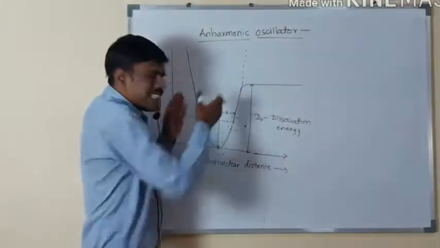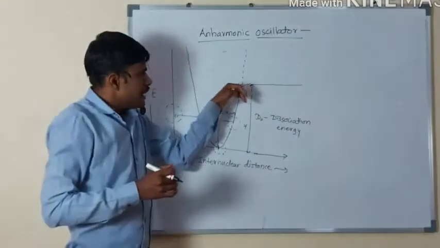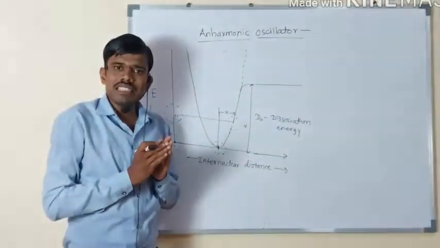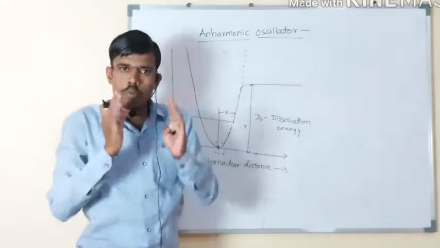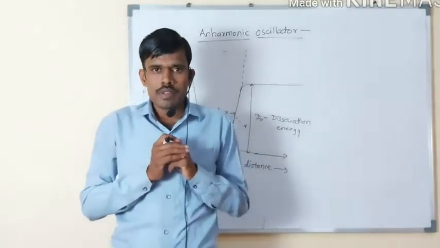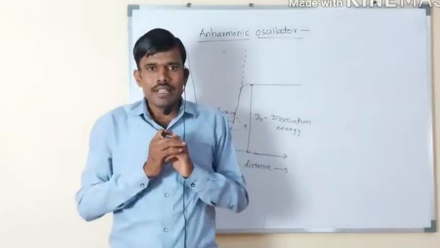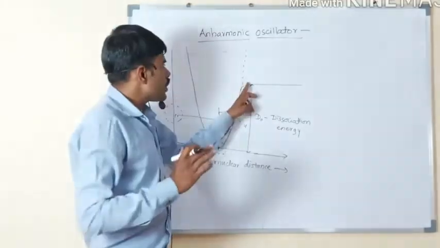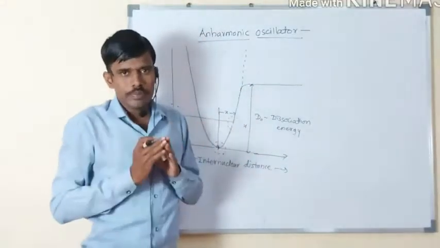If potential energy possessed by the molecule is greater than the dissociation energy, then what happens? The breaking of bond between the atoms takes place. So atoms get separated. If atoms are separated, then the potential energy of that atom is fixed.